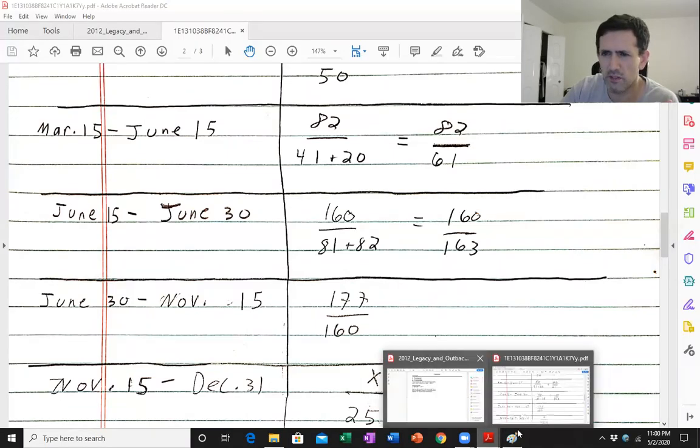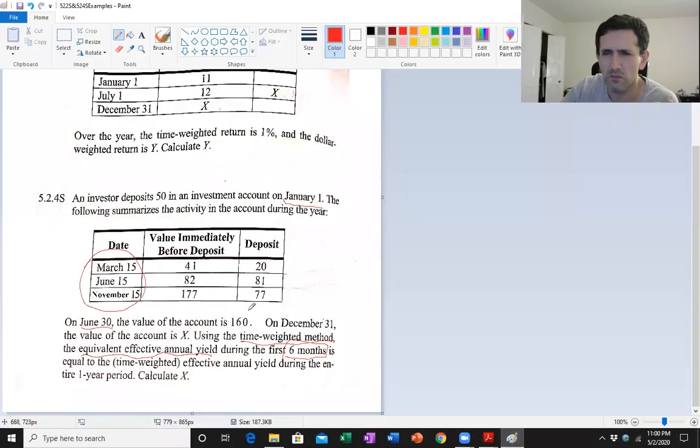And last but not least, on November 15th, after the deposit, you have 177 plus 77 is 254, and you end up with X. Again, no mention of deposit or withdrawal, so there are none. So it's just X over 254.